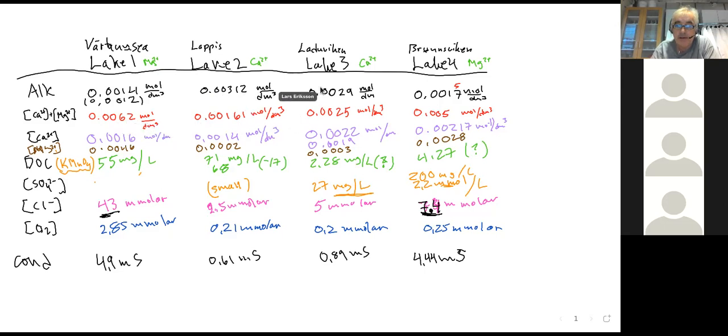Do you mean the farmland lakes and the sea? Yeah, and the sea as well as Brunnsviken. Yeah, exactly. It seems to be something that consumes calcium ions in the seawater.